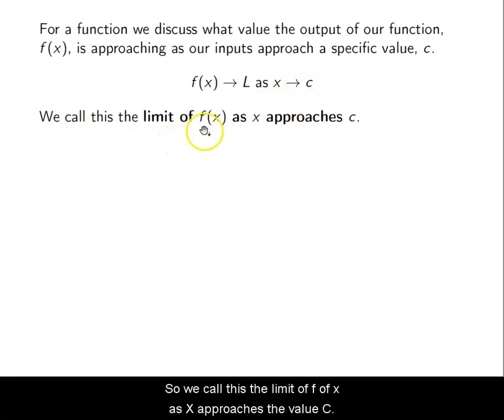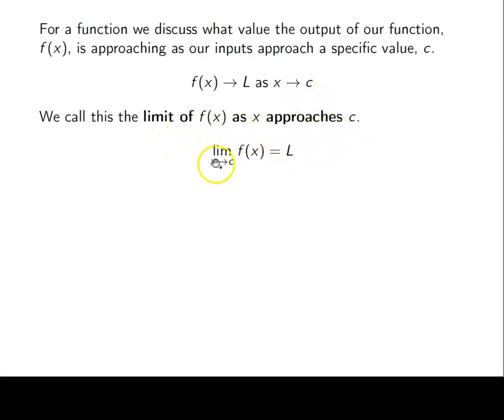So we call this the limit of f of x as x approaches the value c. The notation for that is this. The limit of f of x as x goes to c is L. That's how we say that. Okay, one more time. The limit of my function as x approaches this value is equal to the value L.